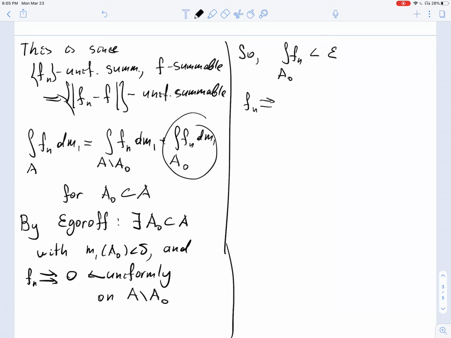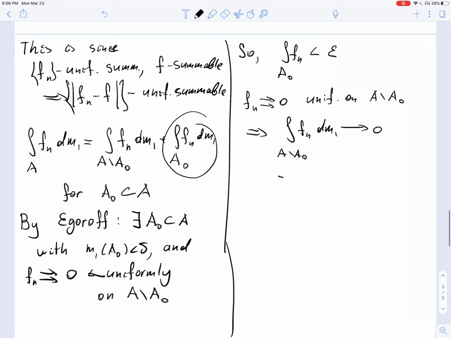And Fn converges to 0 uniformly on A minus A0 implies that the integral of Fn over A minus A0 converges to 0. This I'll leave to you to check.